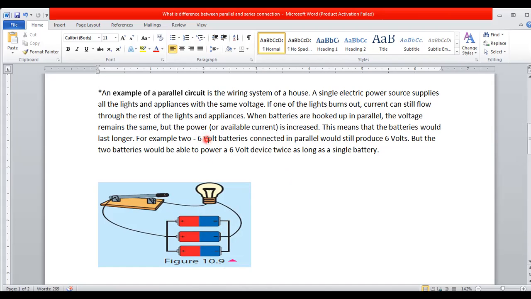For example, two 6-volt batteries connected in parallel would still produce 6 volts, but the two batteries would be able to power a 6-volt device twice as long as a single battery.